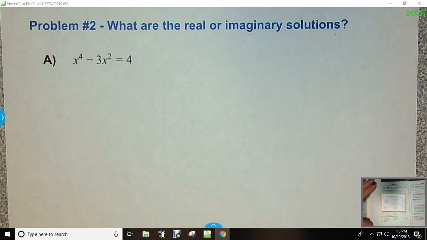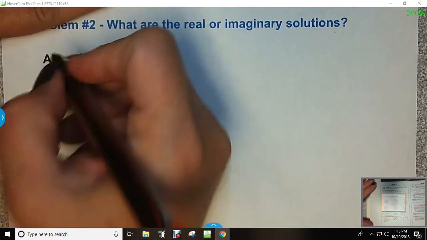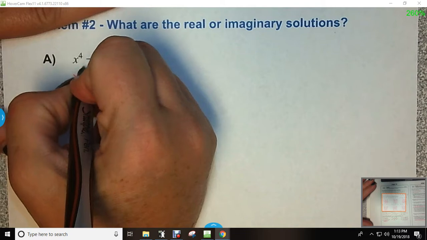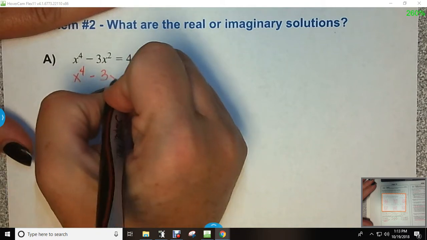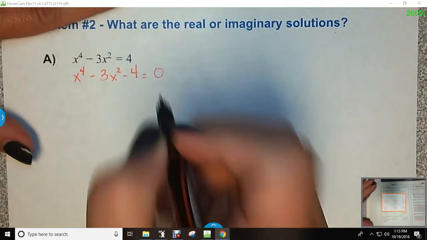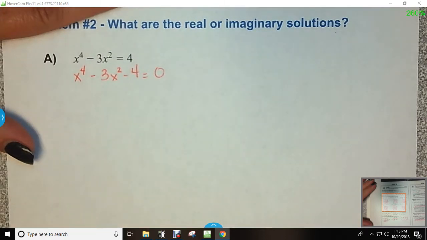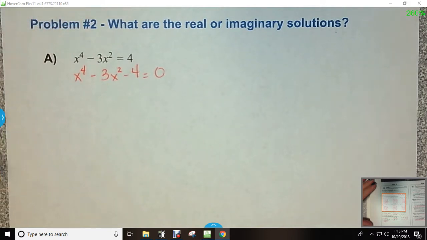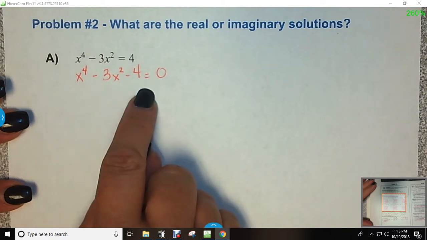Okay, once again with this problem, we want to put everything on the same side so that it's equal to 0. And now I want to try to factor this.